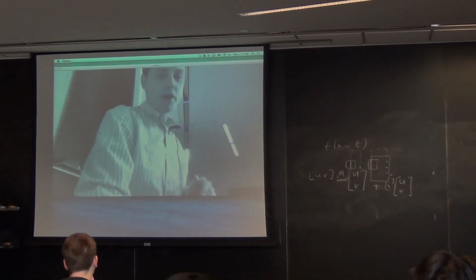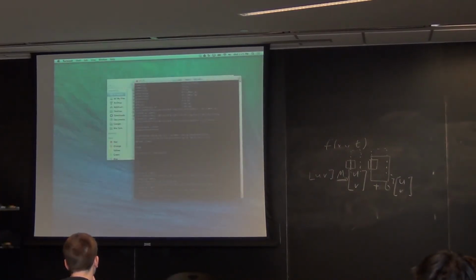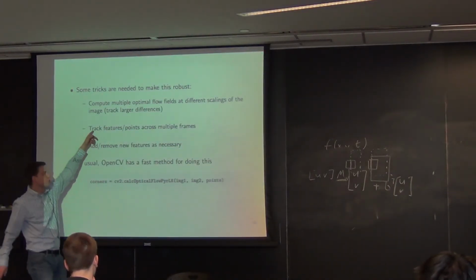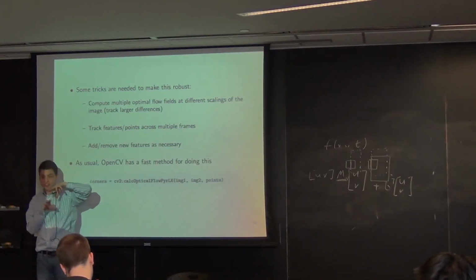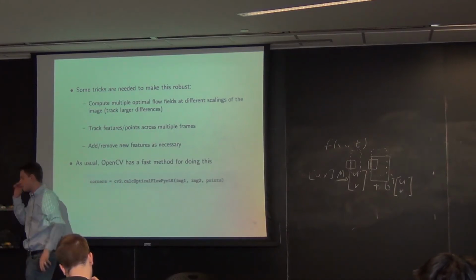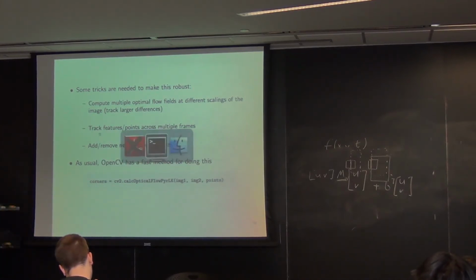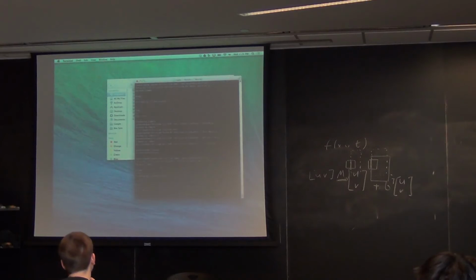If you want to do a better job, actually, this is not my code anymore. You can do these two things a lot better: tracking features across multiple time steps, keeping a consistent history of them, and adding and removing them. Something that looks more like this is what you get.